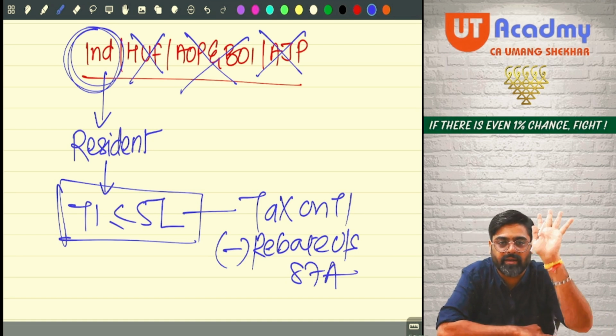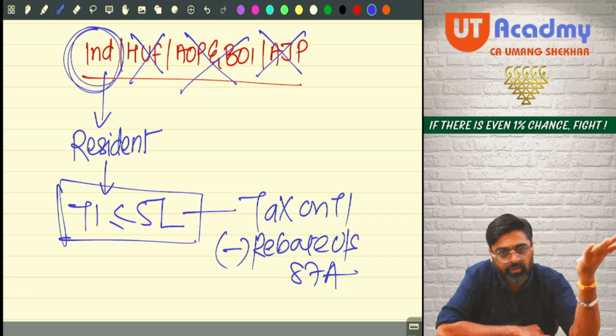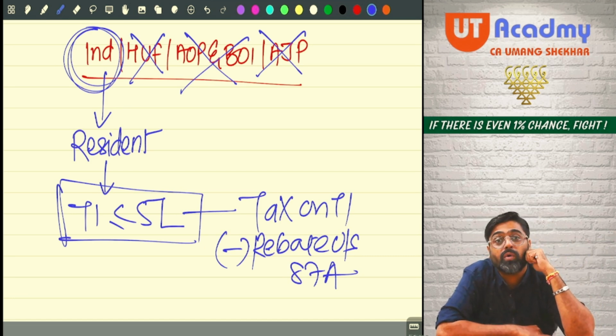Who will get the rebate? All the 4 persons will get the rebate, or only individuals? Only individuals. All the individuals will get? No, only resident individuals. Sir, all the resident individuals will get? No, only those resident individuals whose total income is up to 5 lakhs.